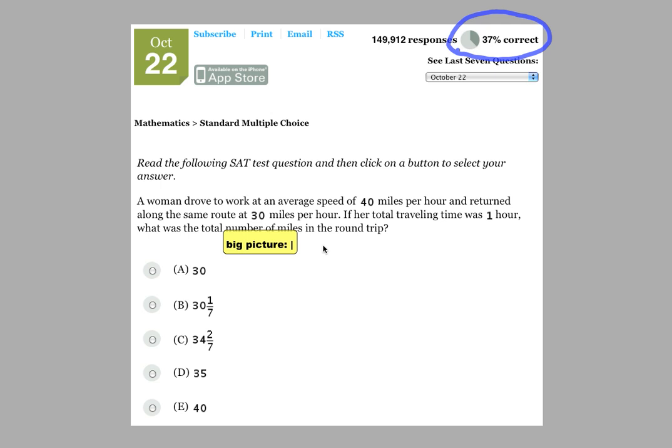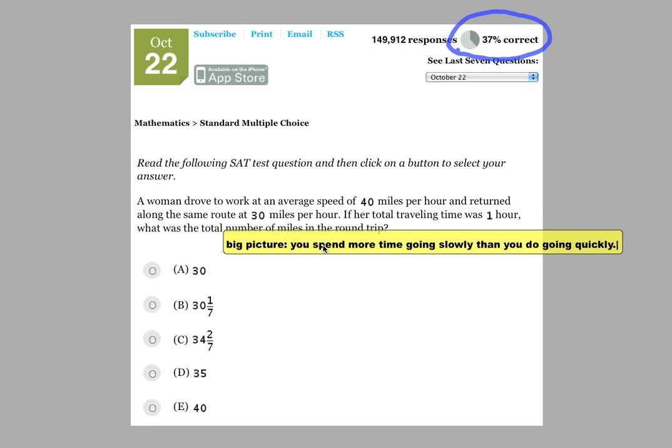Well, not quite, because you actually spend more time going slowly than you do going quickly.